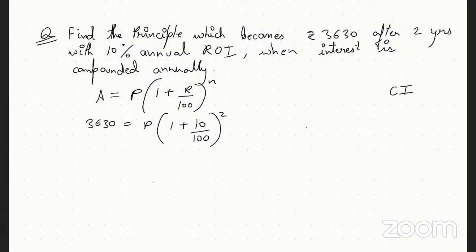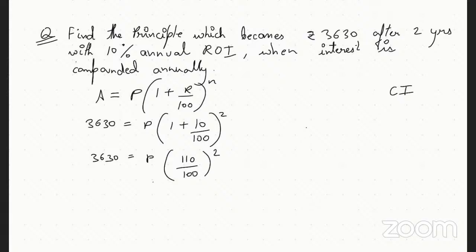Then I will take the LCM of 1 plus 10 by 100, so it will come to 3630 equals P, and with the LCM I'll get 110 by 100 raised to the power 2.